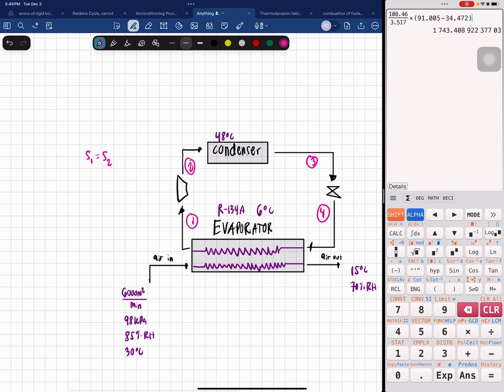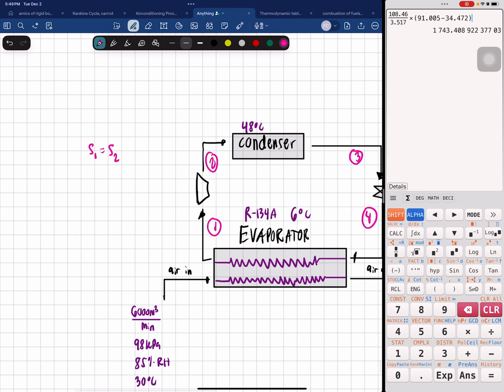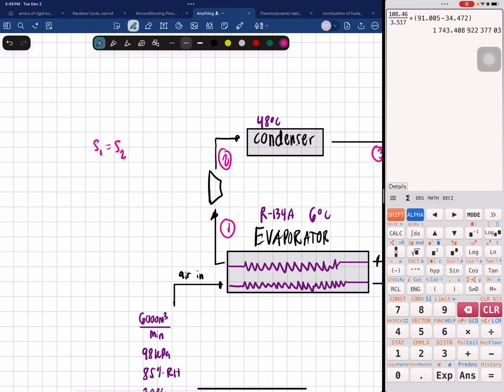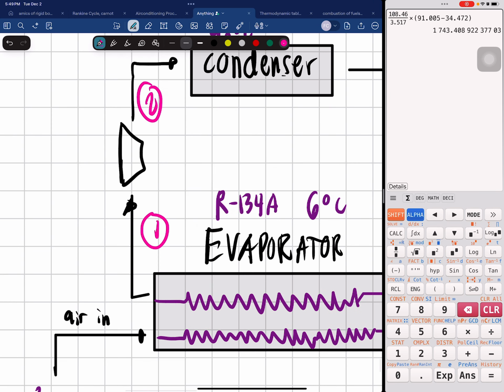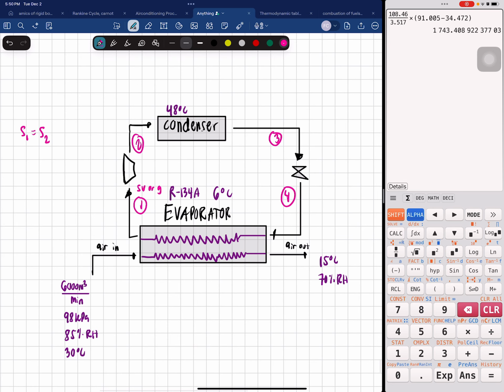Okay? What else? What else do we need? After leaving the evaporator, the unit will be in saturated vapor, or in any case, it's your G. Okay?